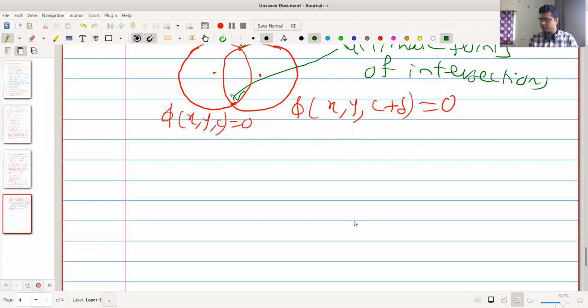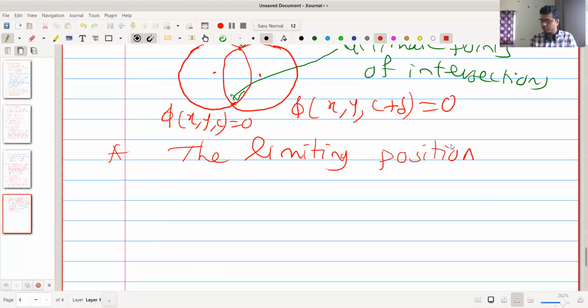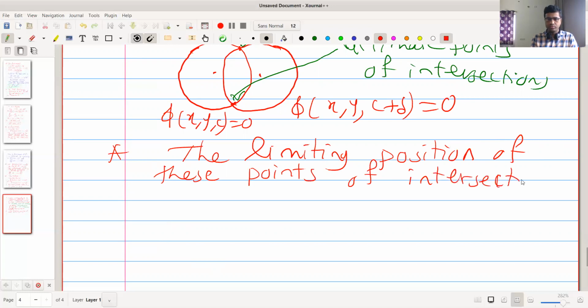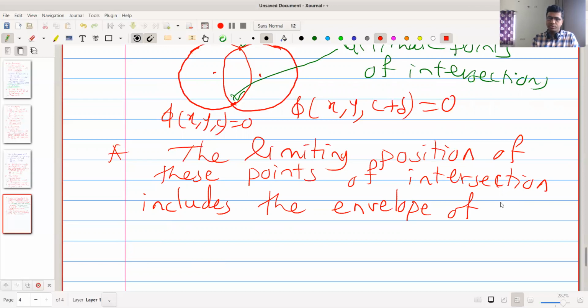Now what is an envelope? Envelope is the limiting position of these ultimate points, the limiting position of these points of intersection, of the family of curves or system of curves.